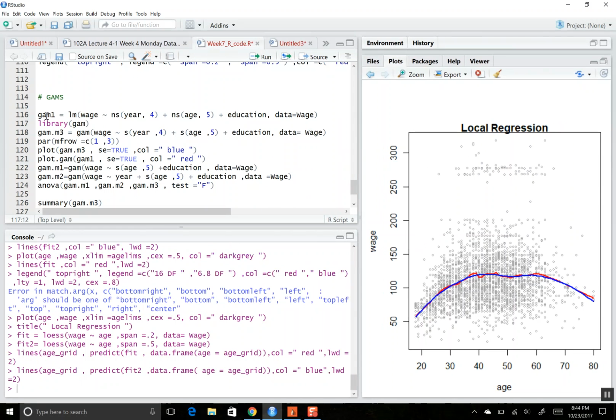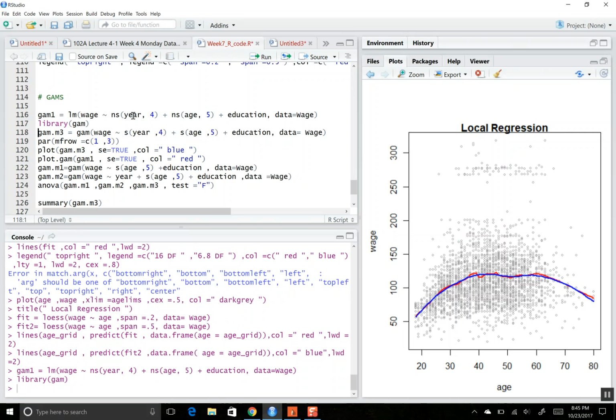Our first GAM is just going to be a linear model between wage and a couple of natural splines in year and age, and education. Education is a factor, a categorical variable, so we're not going to throw it into splines here. Or you can use library gam and say we want to predict wage as a function of, and then we throw these things into splines.